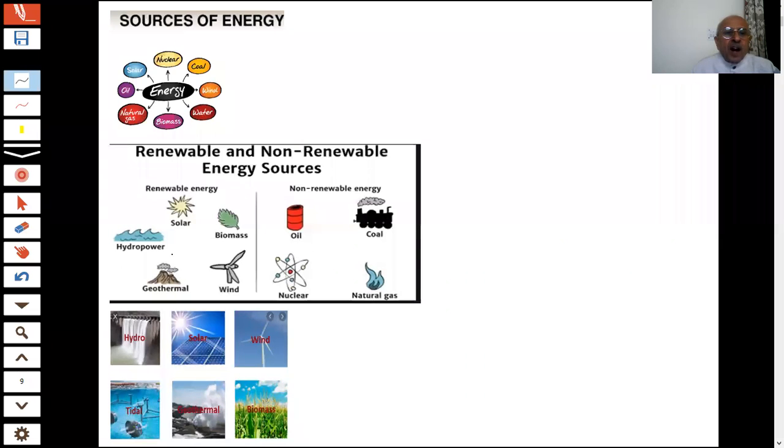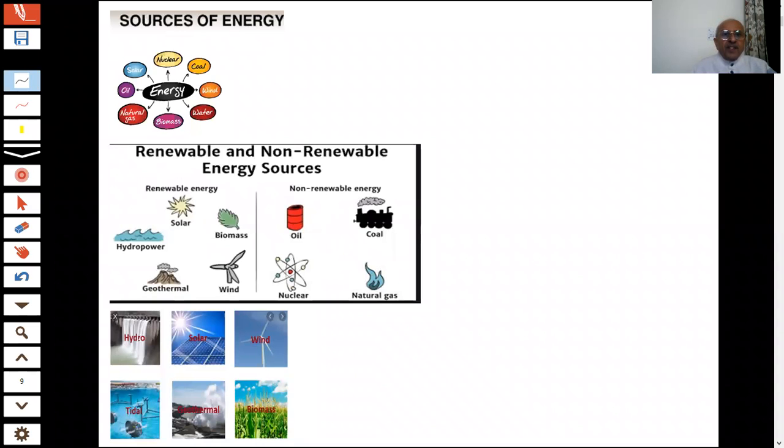Geothermal energy, student, hydropower, water power. And non-renewable: oil will finish one day, coal will finish, nuclear, if the nucleus is finished, natural gas, if your gas is finished, what will happen? Then it cannot be renewed. Where do you get natural gas? It is obtained from under the sea or under the earth.